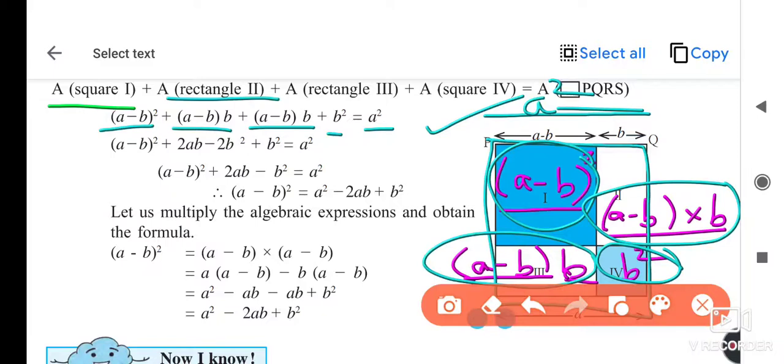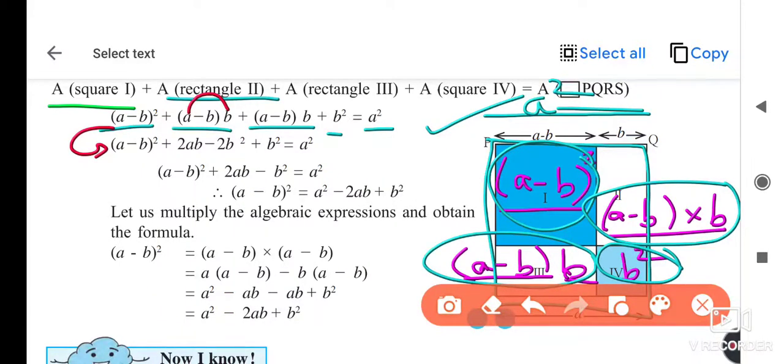Now I am going to clear this so you will understand better. So (a minus b) square, you just write it here as it is. And here b into a, ab.